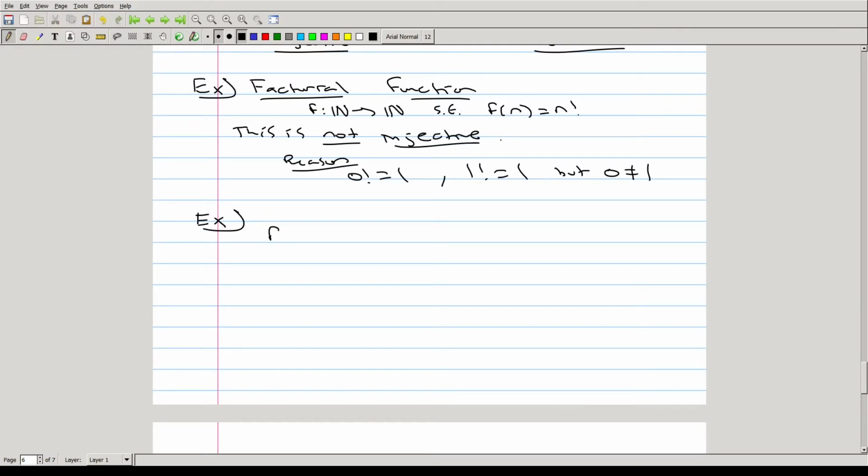So for instance, if we consider the function g defined from a smaller domain set, the natural numbers minus 0, into N, such that g of n is n factorial, defined before, where 1 factorial is 1, and for any integer greater than 1, it's defined as the product of integers, then this function is injective.